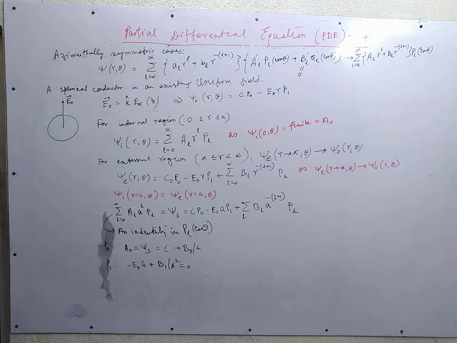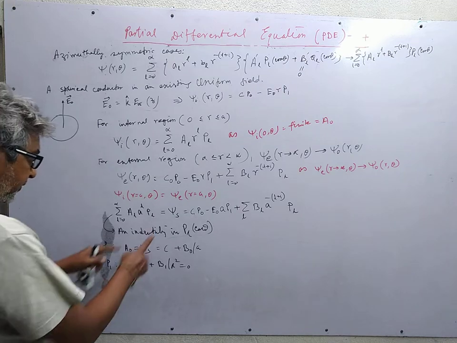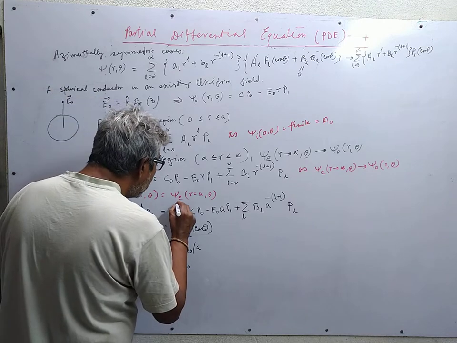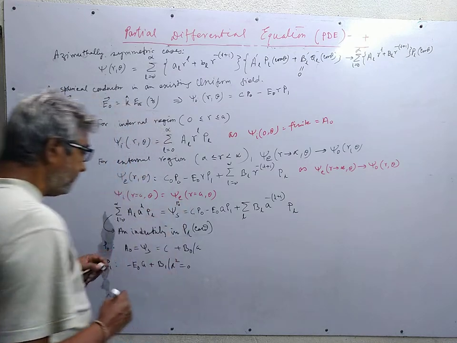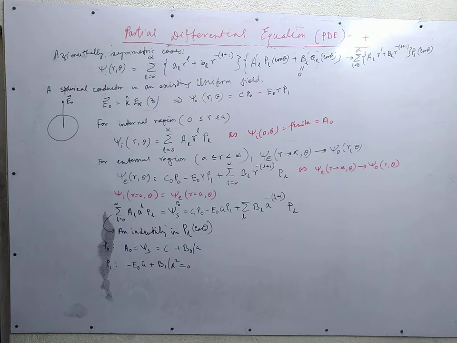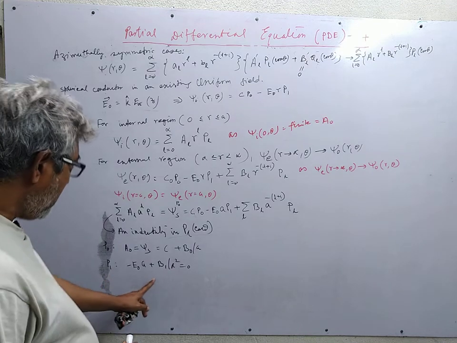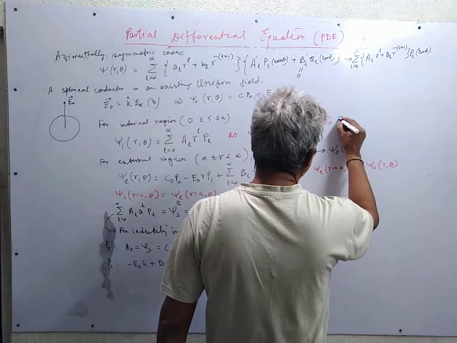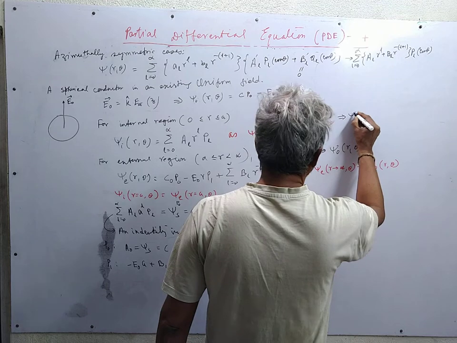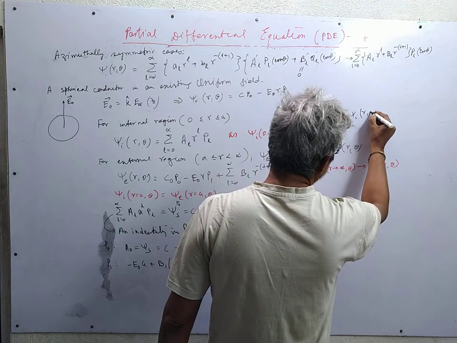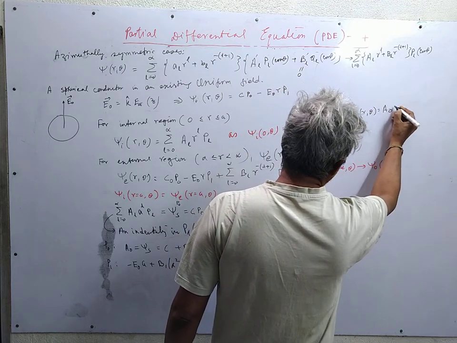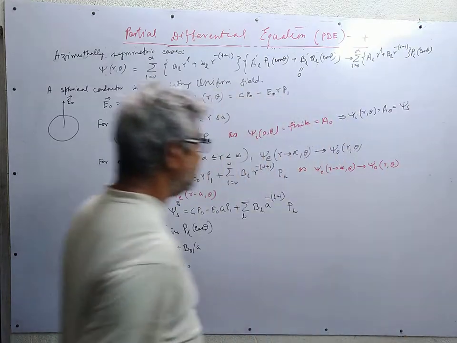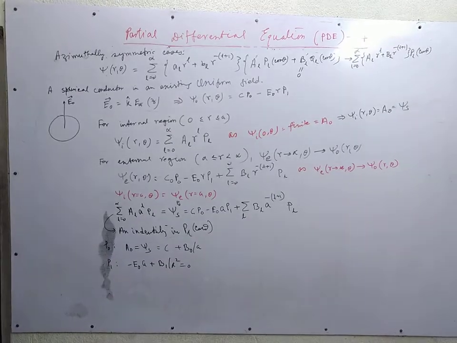Because the potential on the surface is phi s, it has only the coefficient connected to P0. For P1, the coefficient is 0. So the potential for the internal region becomes a constant, that is phi I (r, theta) is simply A0, equal to the phi surface value. It has only a single term.